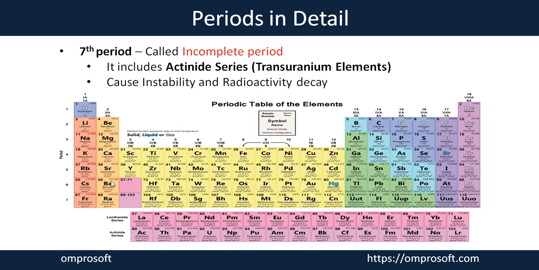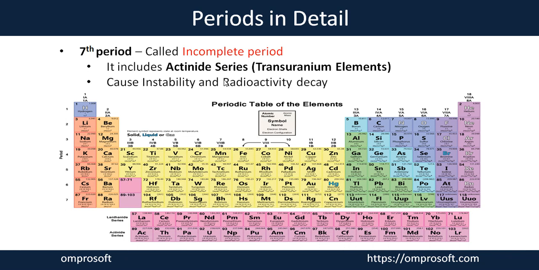That is why it's called the incomplete period. In this period, from atomic number 87 to 118, it includes the actinide series, which is also called transuranium elements, present at the bottom part of the periodic table. This is also included in period number 7.